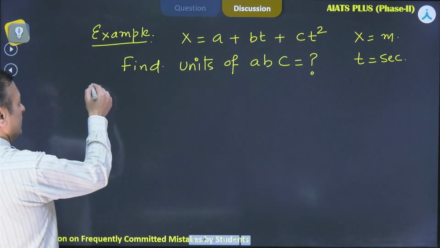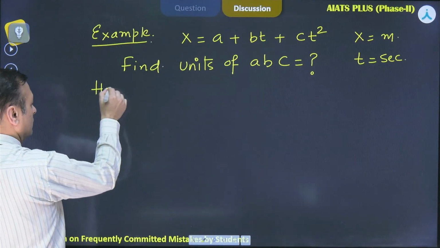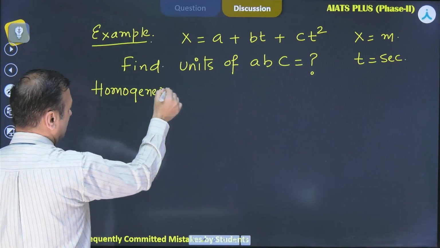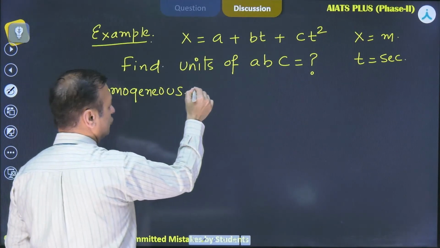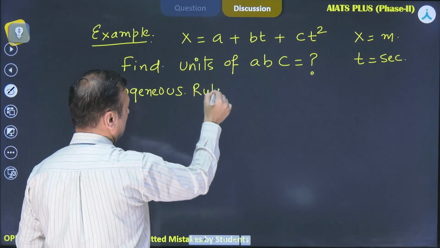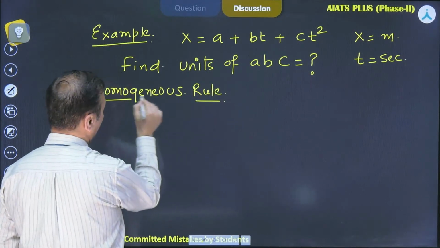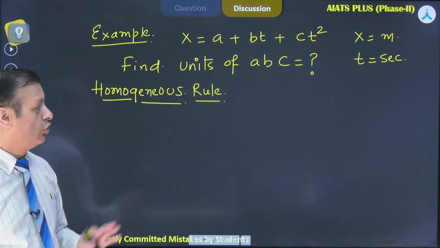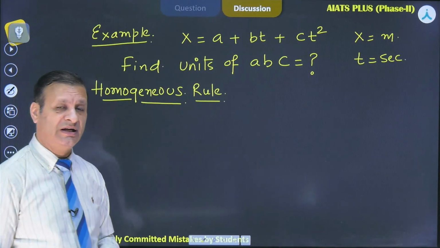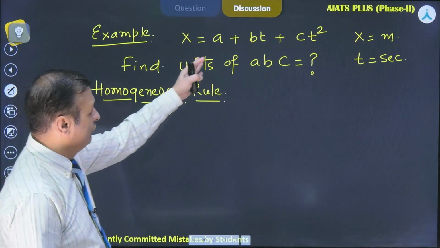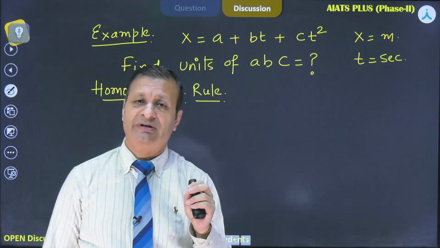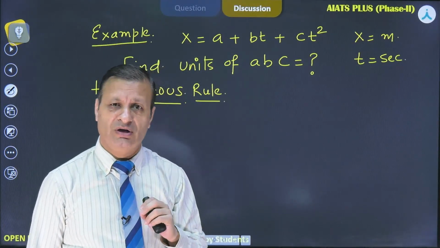So this question is based on the homogeneous rule or homogeneous principle, and that says two physical quantities can be added only if they have the same dimensions or same dimensional formula.